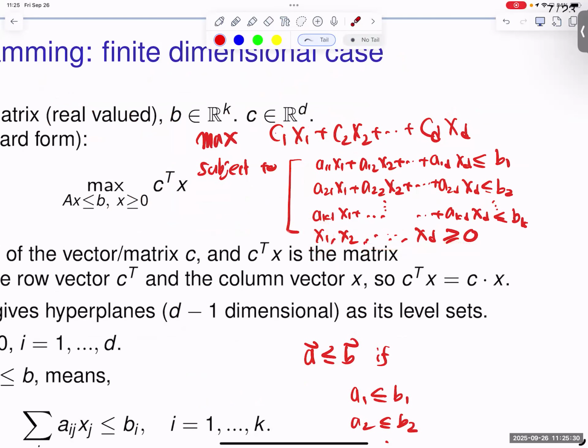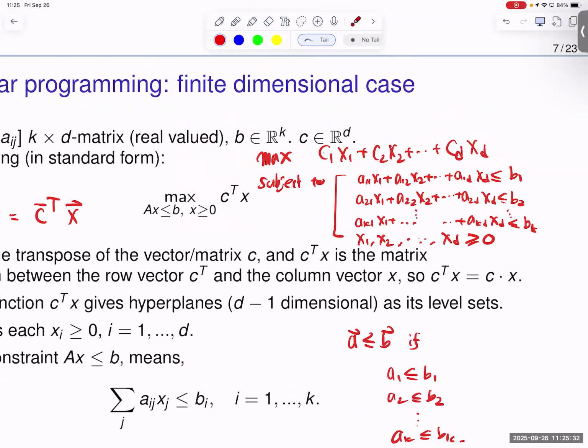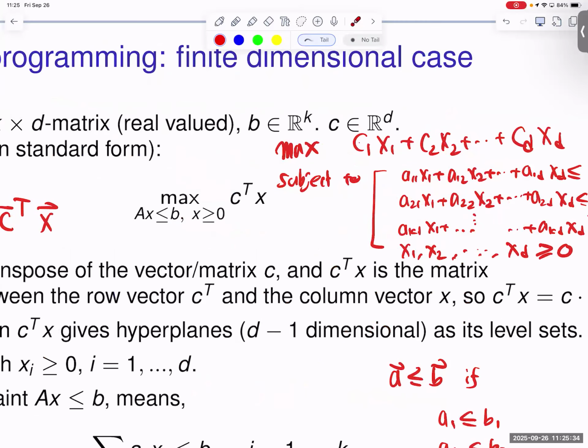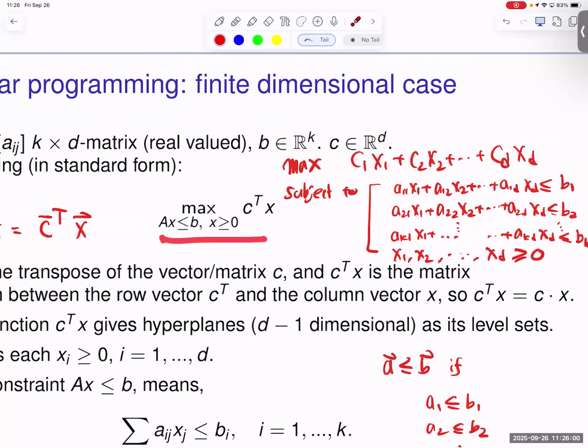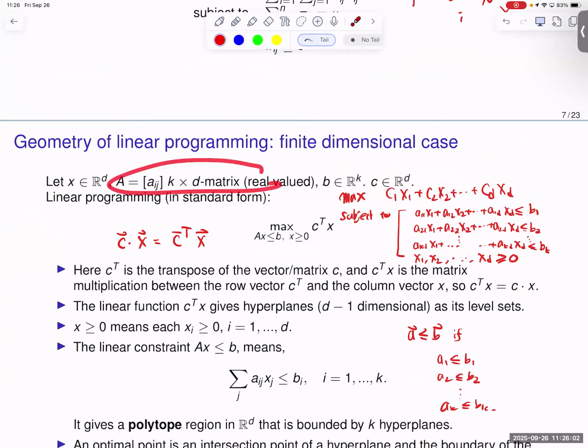So there are more possible expressions of linear programming problems than this. But the thing is, all those problems can be translated into this form after some appropriate operation. I'm not going to discuss that. The point is that this is the problem you want to solve. Of course, every problem can be translated into this form in the finite dimensional case.